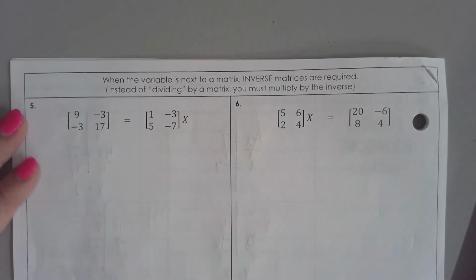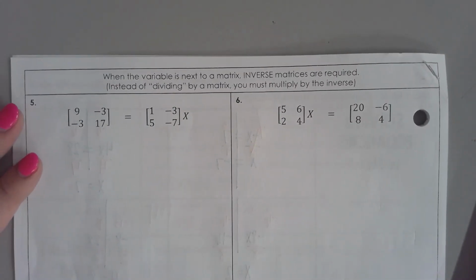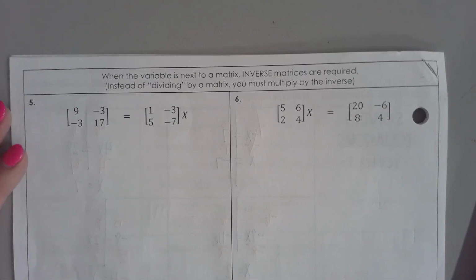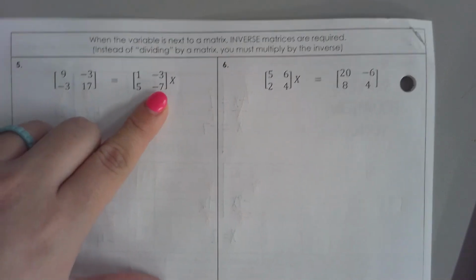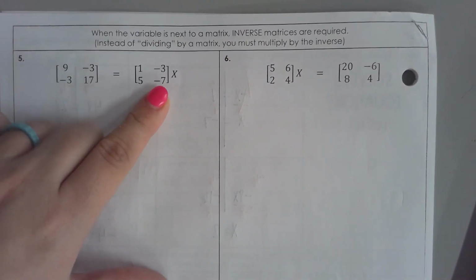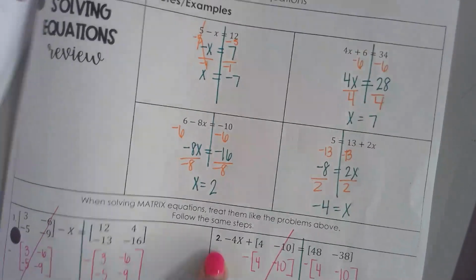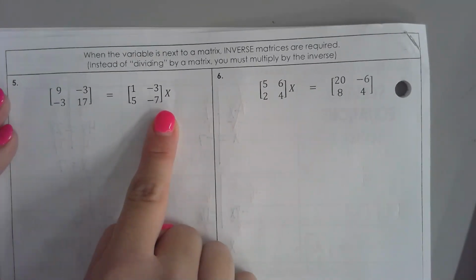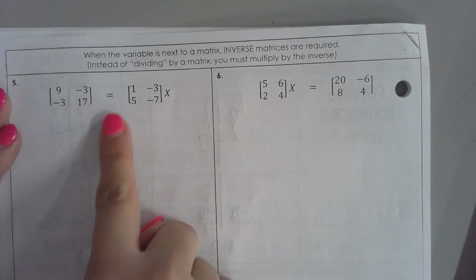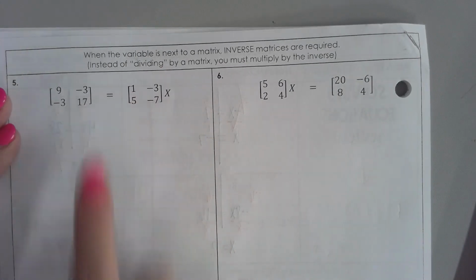Now, these questions look like they're going to be exactly the same, but they're not. On all of these questions, there is a matrix with x. On the ones we did before, the x just had a number in front of it. So when I try to get x by itself, I'm going to want to divide by that matrix.